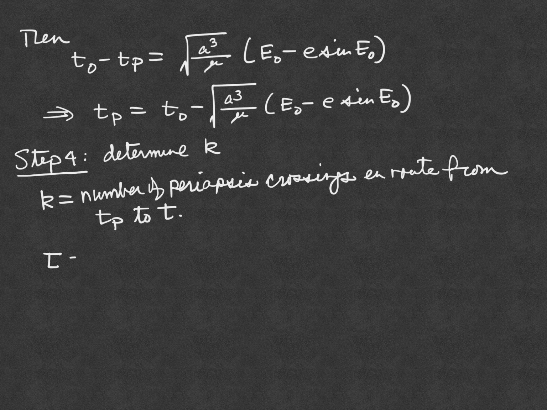So tau is equal to 2 pi times the square root of a cubed over mu, which is equal to the orbital period.